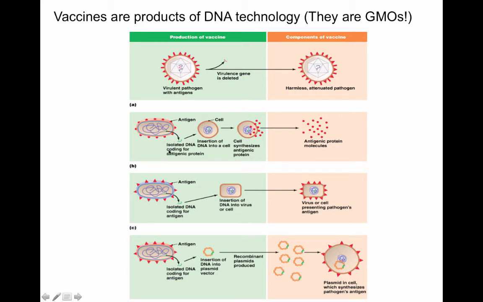All right, here's example B, where we are just going to use a subunit. We are going to make a subunit vaccine where we just generate an antigenic protein from the surface.